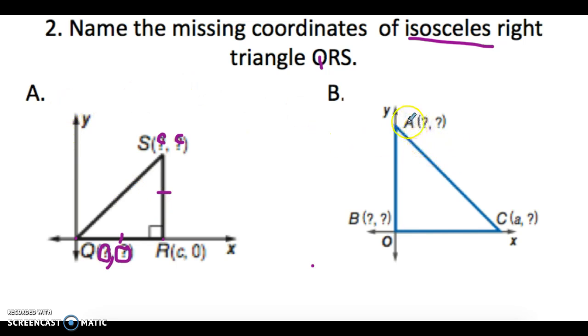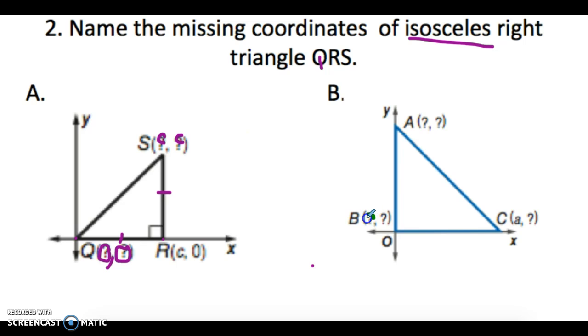Okay, what about triangle ABC here? Try to do it on your own. Find the missing coordinates. Okay, B is easy.